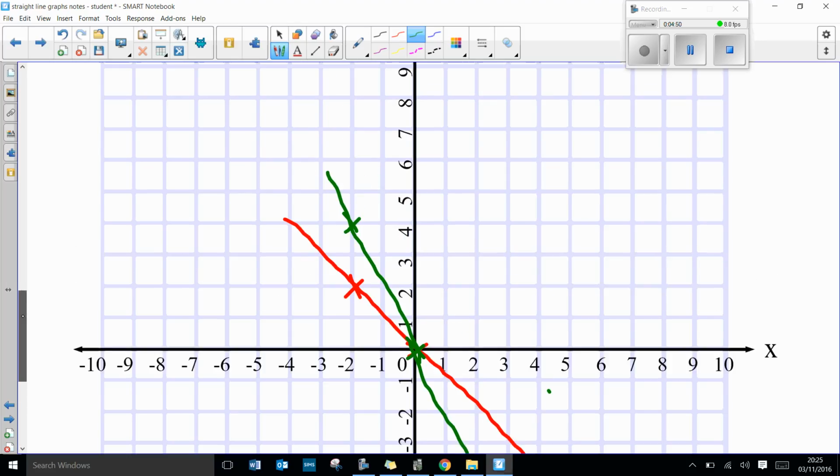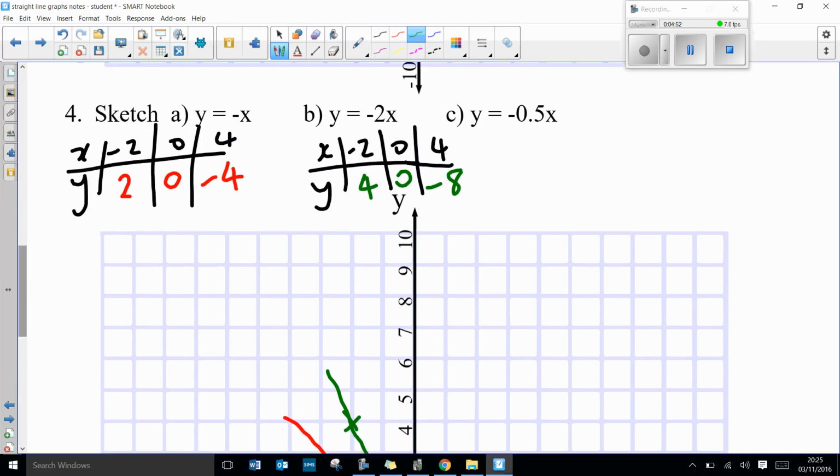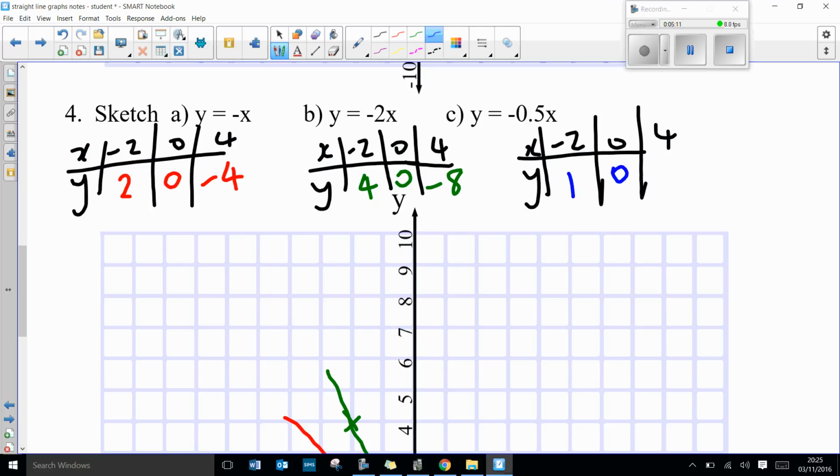And our final example, negative 0.5 times x, so negative 0.5 times negative 2 gives positive 1. 0 times anything is 0. Negative 0.5 times 4 is negative 2.